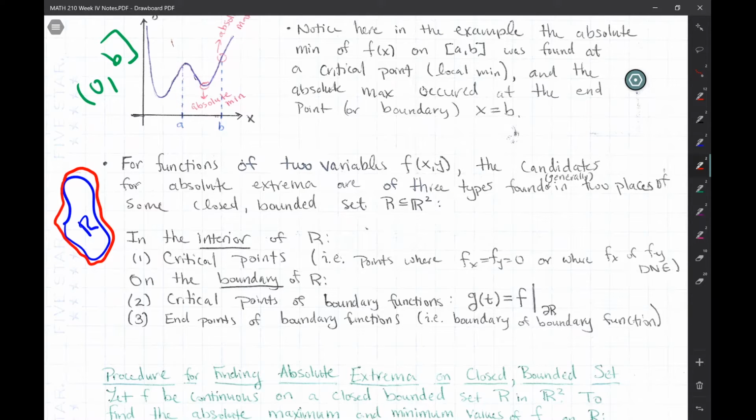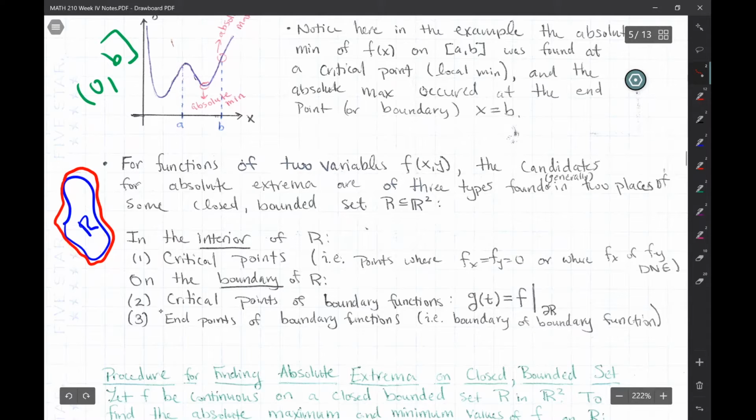So we're going to get a function of one variable by looking at the function at the boundary. This here means the boundary of R. So if you define the function just along a line, it's going to be a function of one variable.